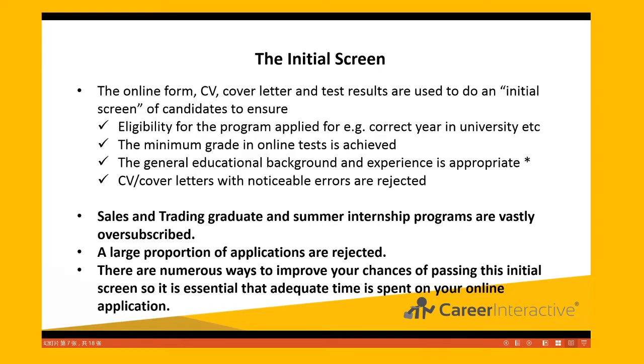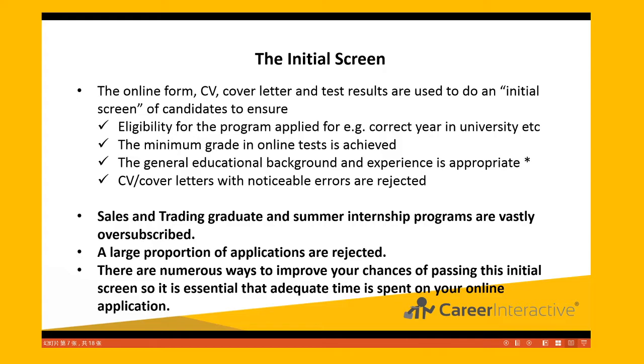Because normally at the online application stage, the company can select only around 30% of the candidates to proceed to the next stage of their assessment. So basically it means 70% of the candidates will not be selected for this program.